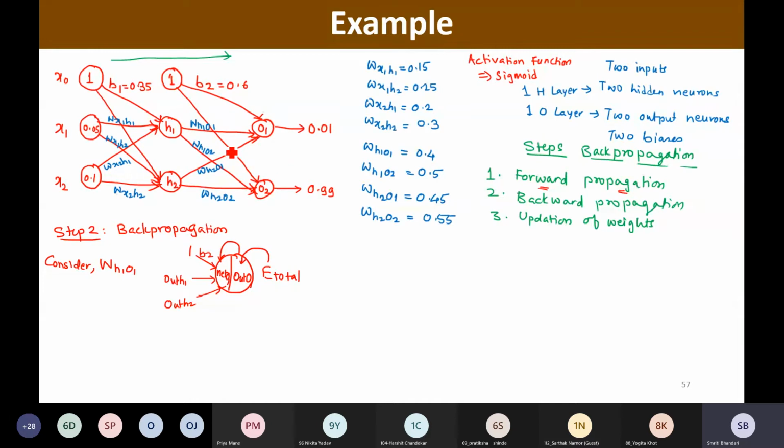We are computing the total. See, what we are trying to do is, at the output layer, we are having different neurons, right? And every neuron is having some error associated. So obviously, this entire thing, the error, is meant for the ultimate output of my neural network.